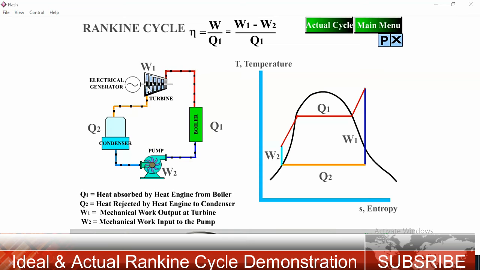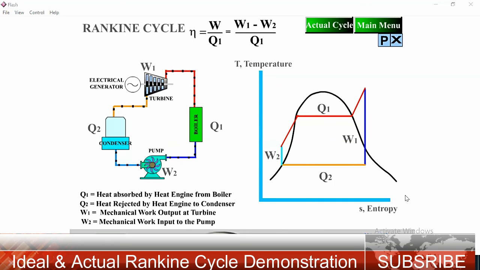Total work done of the turbine minus input work done to the pump is equal to (W1 minus W2) over Q1, where Q1 is the heat absorbed by the heat engine from the boiler. So this is the ideal Rankine cycle.